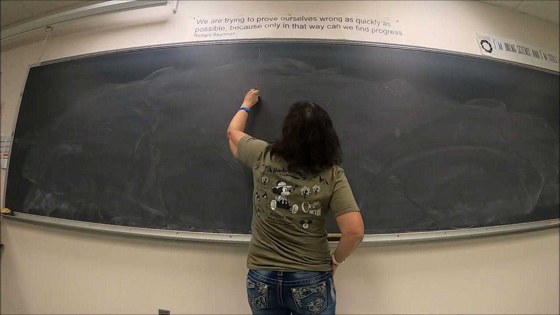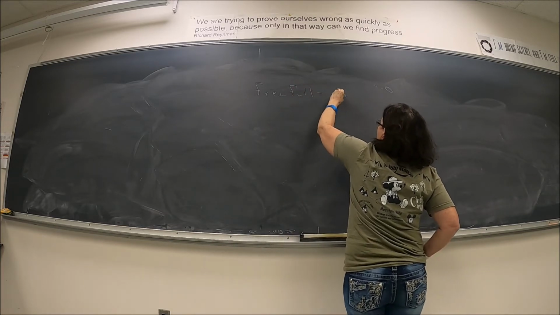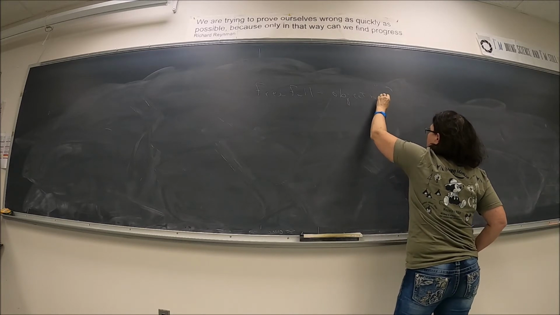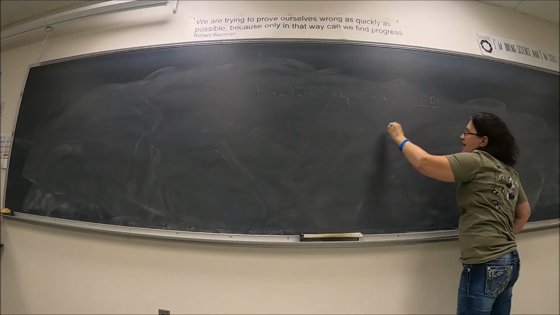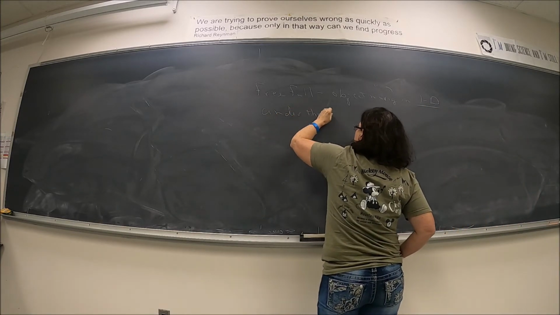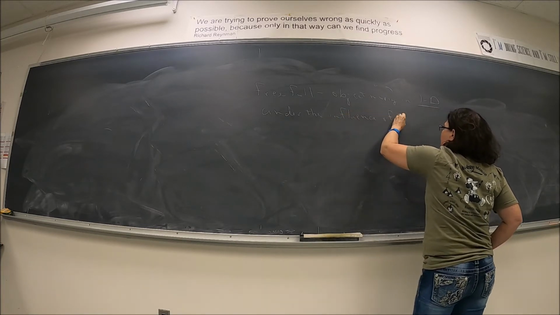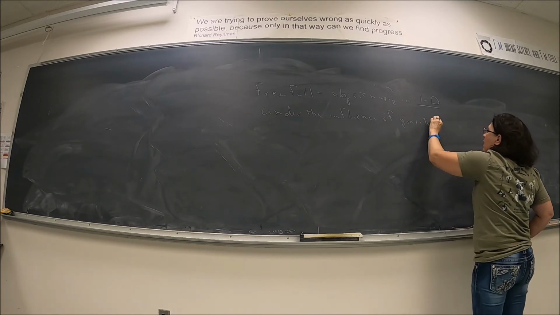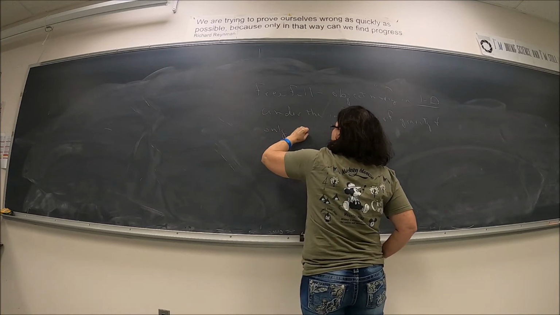Okay? So free fall is an object moving in one dimension, 1D, under the influence of gravity and only gravity.